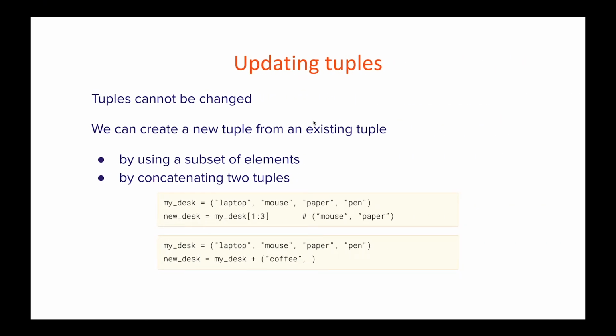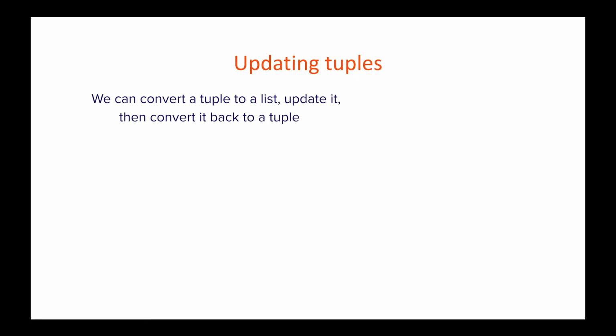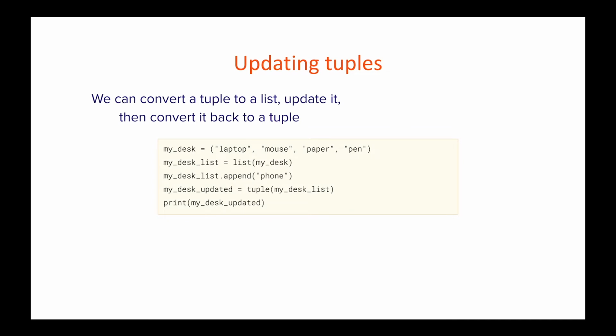Now, there is another way to create a tuple, and that is by converting it into a list. Basically, we have a function that allows us to convert a tuple into a list, update the list the way that we want, and then convert it back into a tuple. And that is quite easy to do. So here we have my desk, the usual that we're used to.